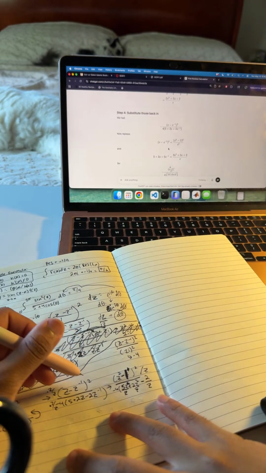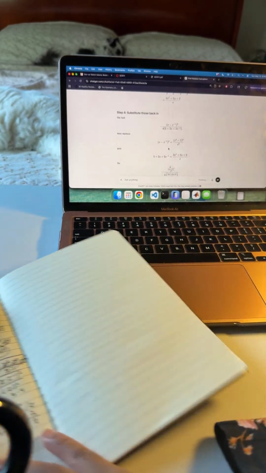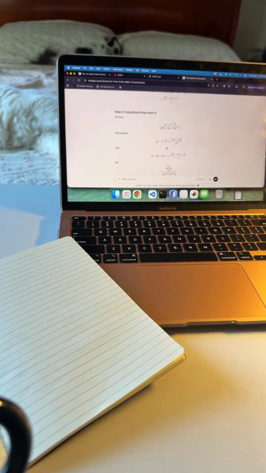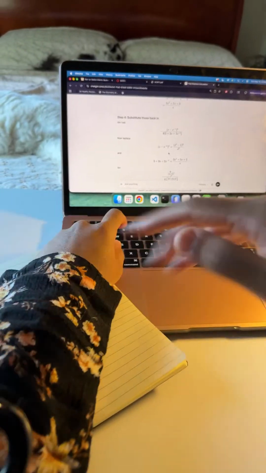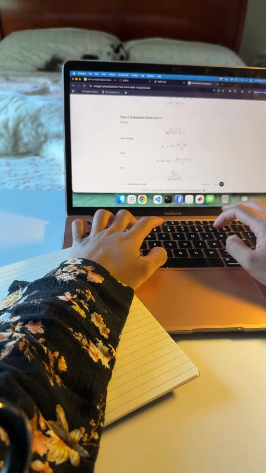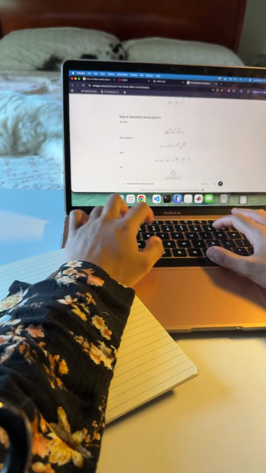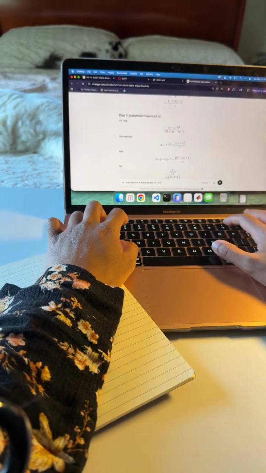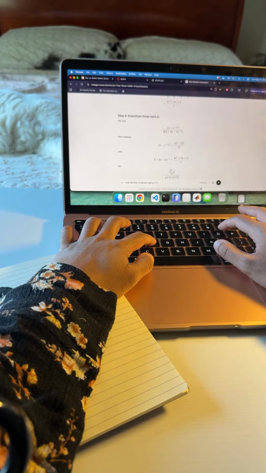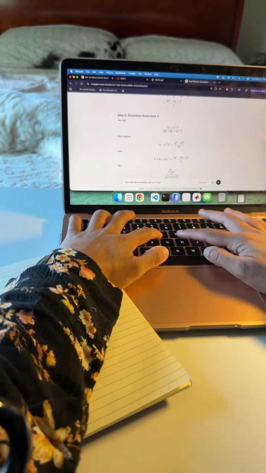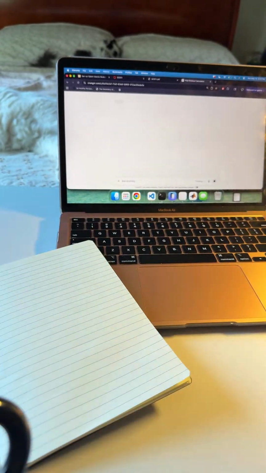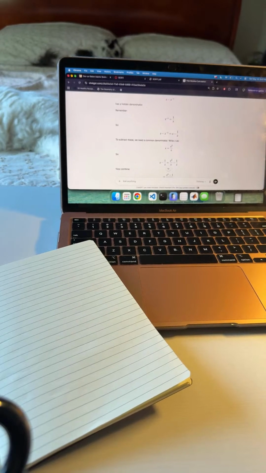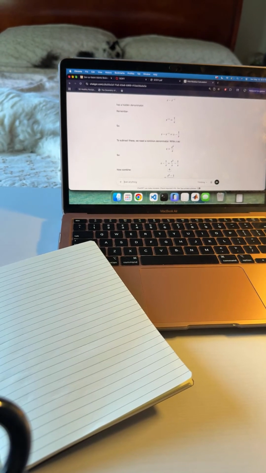Maybe that square over there made it z squared. Well, let's see. How did the numerator get a z squared on the bottom?